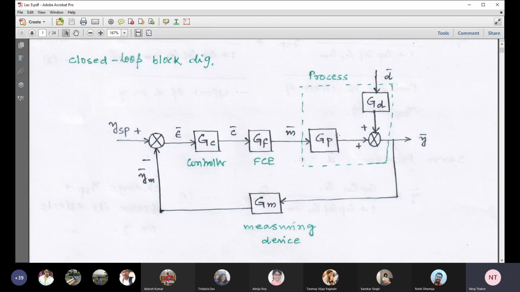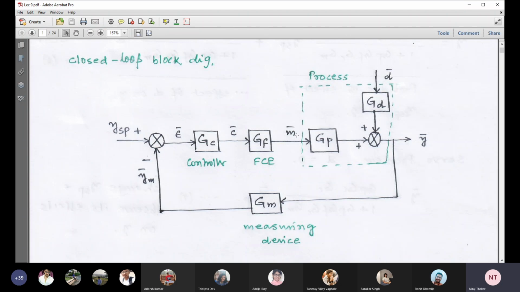I repeat, GP is the transfer function between Y and M, and GD is a separate transfer function of Y with reference to D. If you recall the variable classification table, there we had two types of input variables: manipulated variable and disturbance variable.